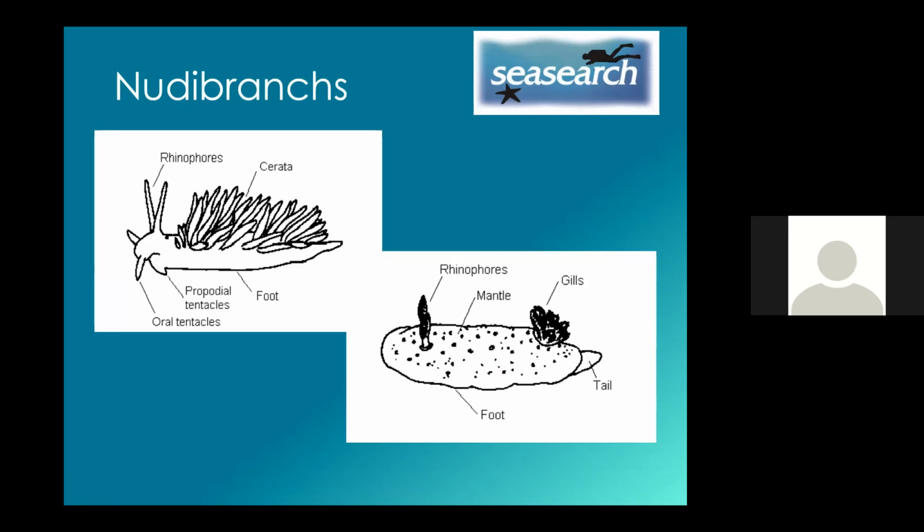And we have dorid nudibranchs, which are the flatter ones, which you can identify mostly by their gills, or by the coloration of their mantle, not so much by their rhinophores. So those are the two types that we have, and quite commonly you can find them in Ireland.